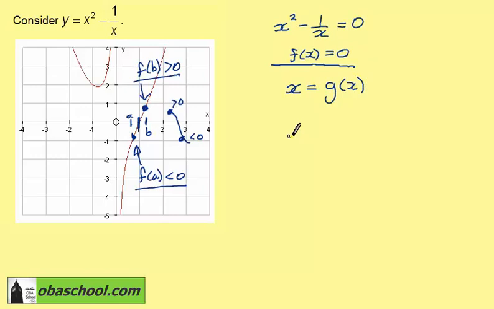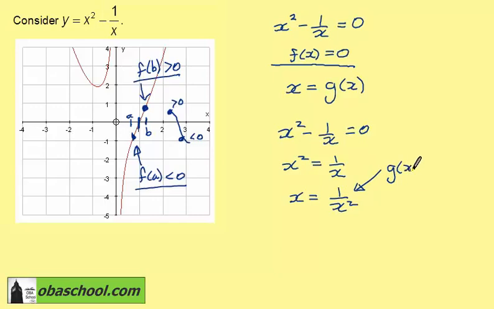For example, here, in the case of (x squared minus 1) over x equals 0, we could rearrange that to give ourselves x squared equals 1 over x, and that rearranges to give x is 1 over x squared. So in this case, this is our g of x, 1 over x squared.